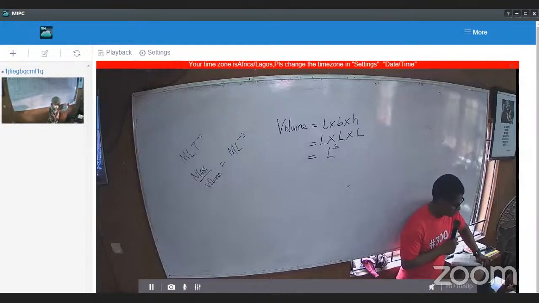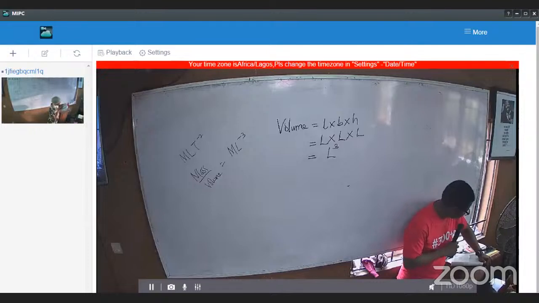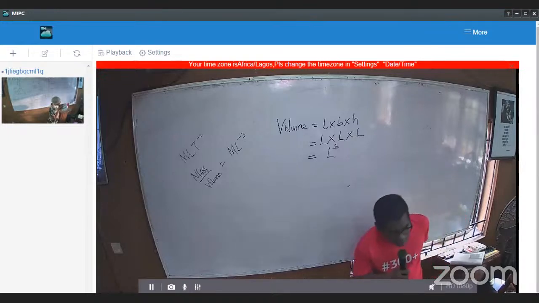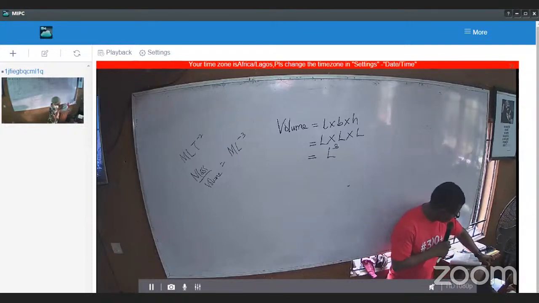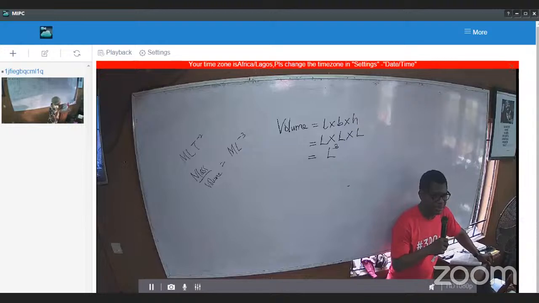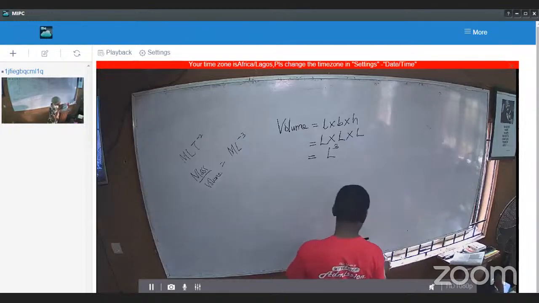Option C, temperature, current, and length. Option D, mass, acceleration, and time. Class, what's the answer? Very good.